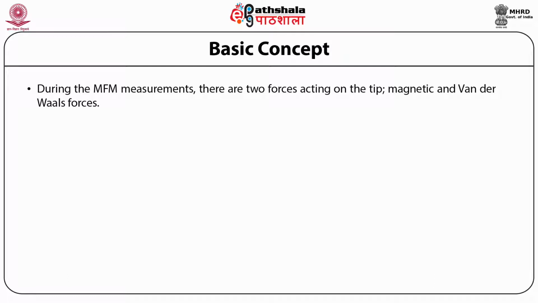During the MFM measurements, there are 2 forces acting on the tip, magnetic and van der Waals forces. Hence, in MFM, the signal contains both information of surface topography, called the topo signal, and surface magnetic property, called the MFM signal, generated by van der Waals and magnetic forces, respectively.